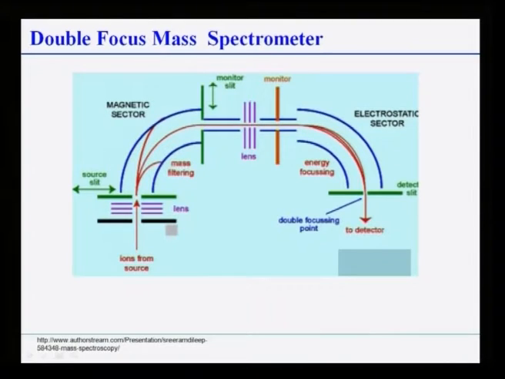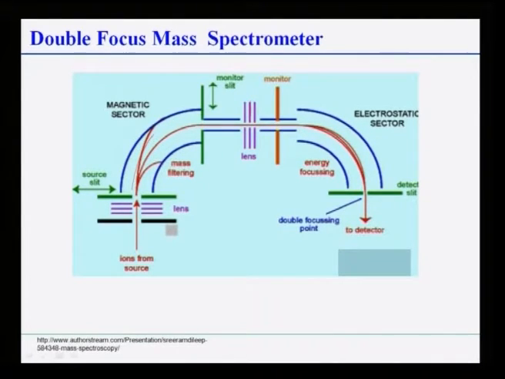You can see this is the lens, and then the ions come from the ion source and pass through a lens, there is a source slit, and then there is a magnetic sector which separates these ions out or filters the masses. Whichever ions pass through a radius matching the slit will go to the detector.